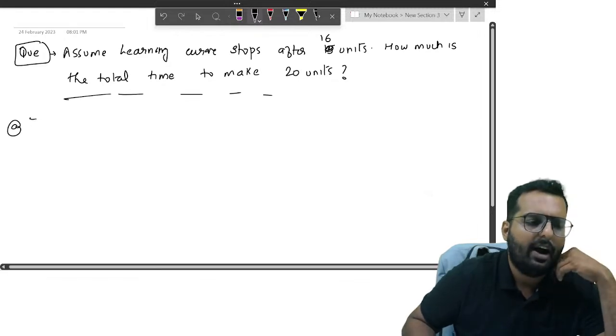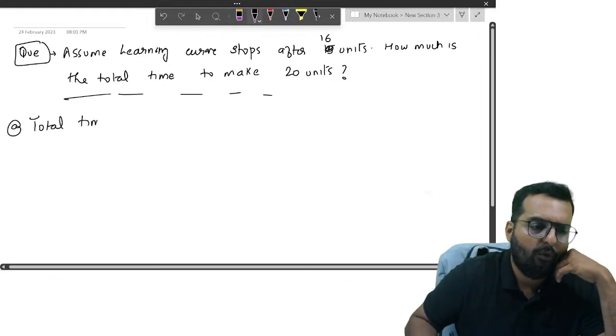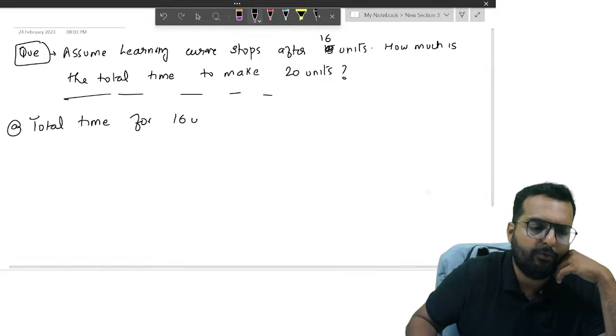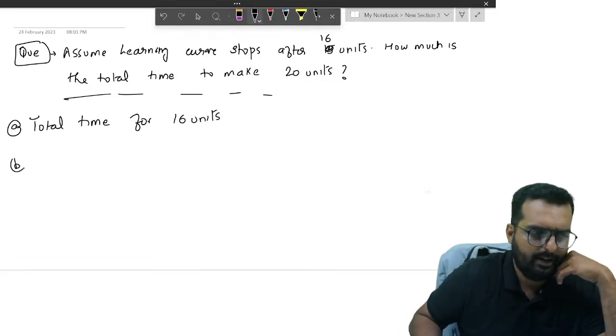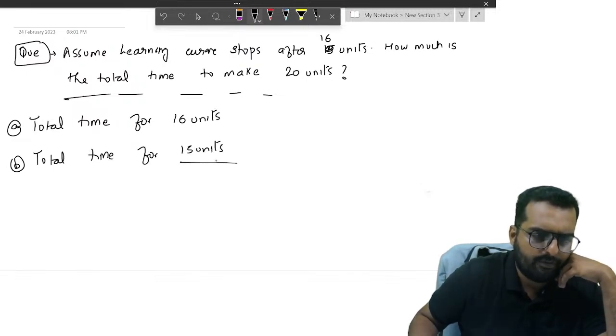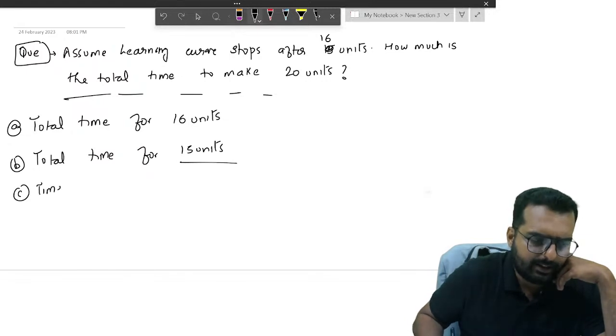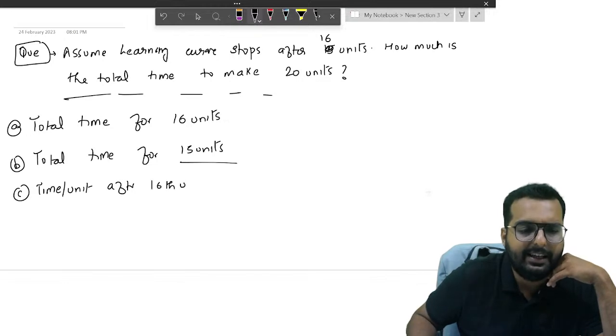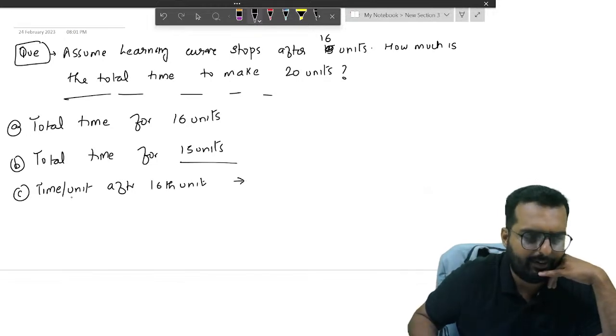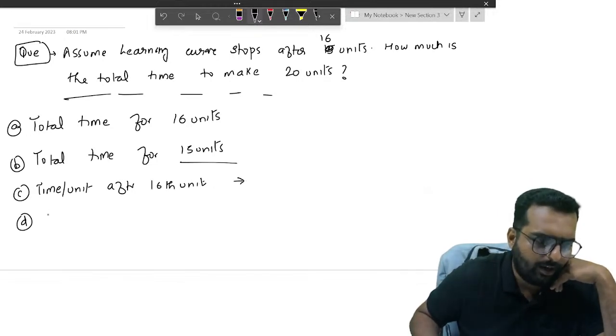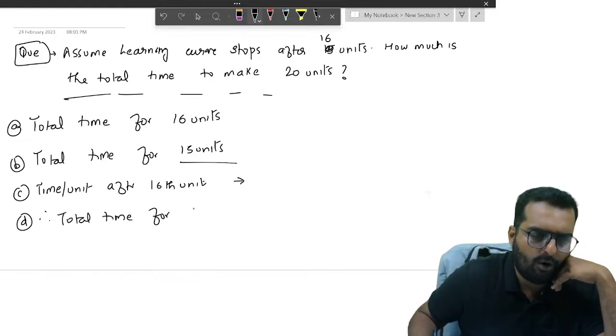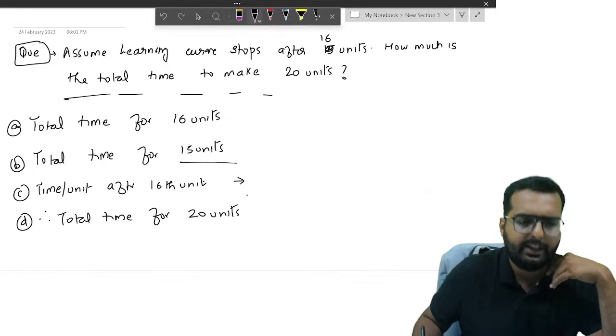If that is the case, my answer will go like this. Step number 1, I would like to find out the total time for 16 units. Then I will find out the total time for 15 units. From this I will get the time per unit after the 16th unit. Then I will find the total time for 20 units.